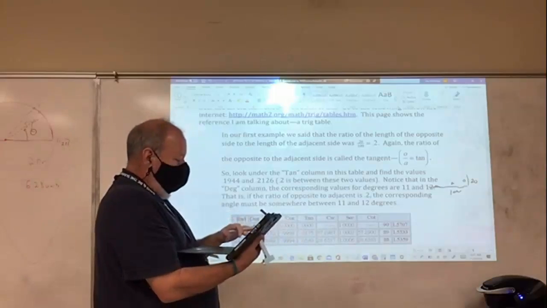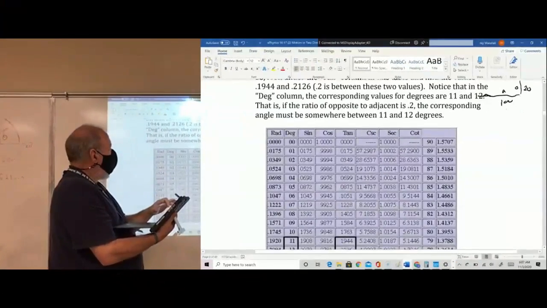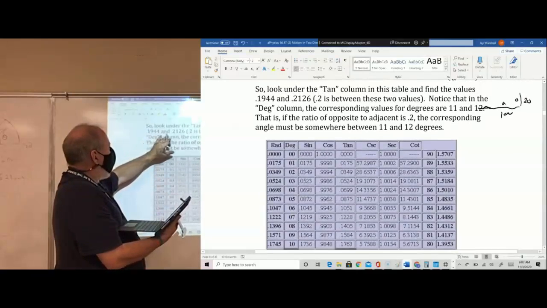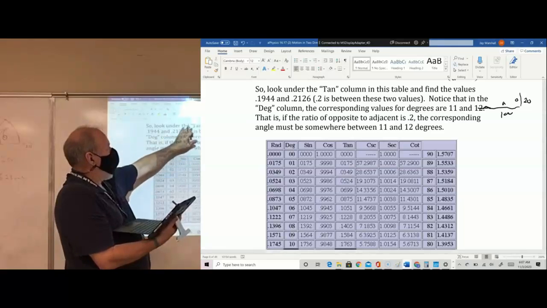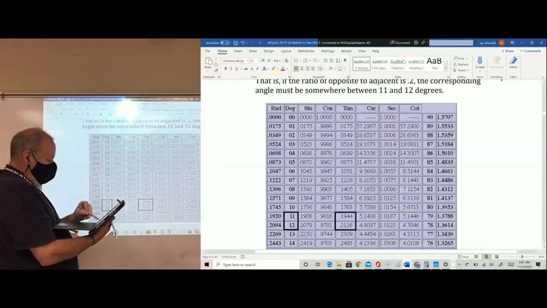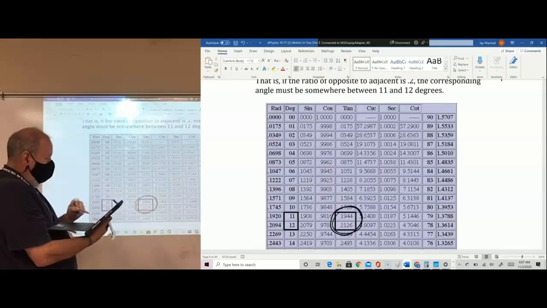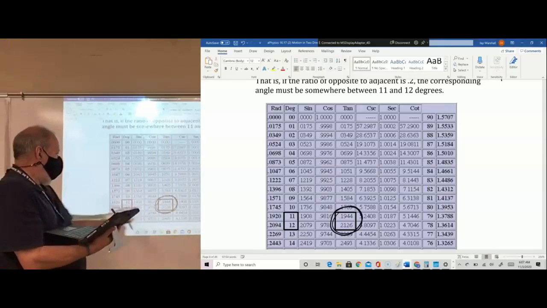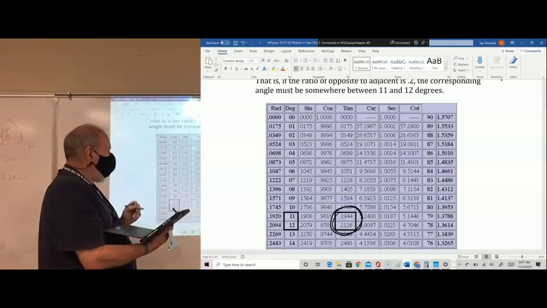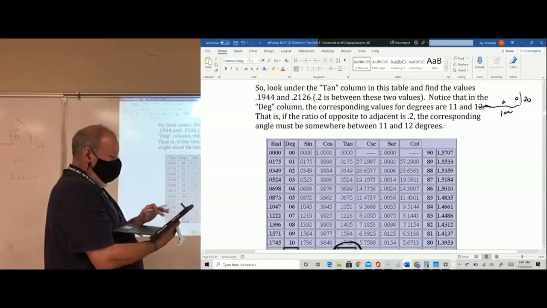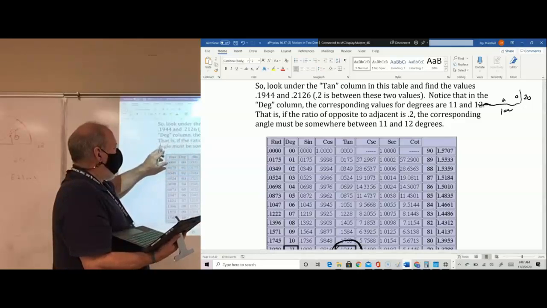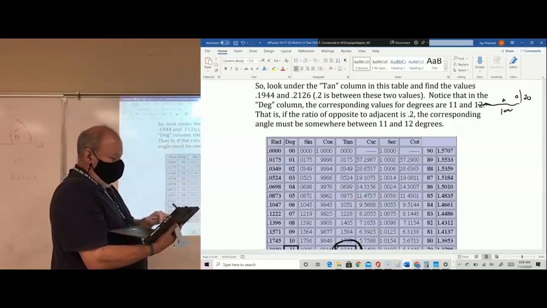So if we go and look under tangent and find the values of 0.1944 and 0.2126, as 0.2 is between these two values, I can go down here and see this right there. And since 0.2 is between those two values, the angle that we're talking about must be somewhere between 11 and 12 degrees. That is, if the ratio of the opposite to the adjacent side is 0.2, the corresponding angle must be somewhere between 11 and 12 degrees.